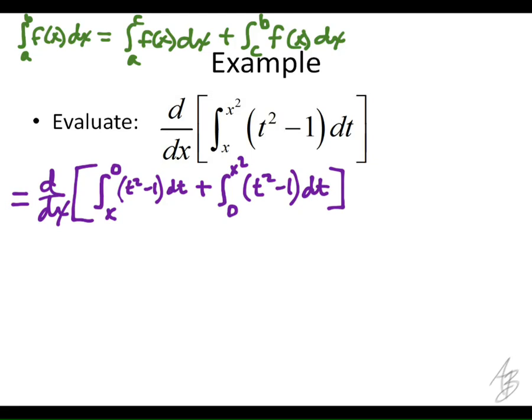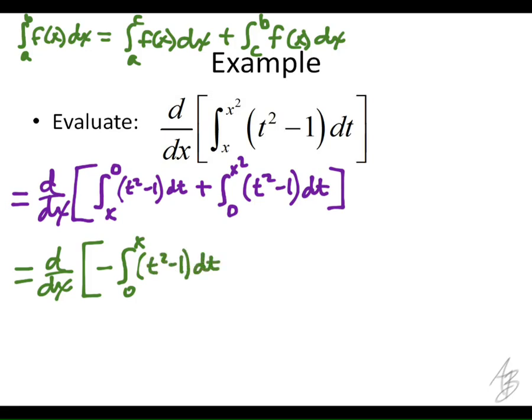So this is going to be equal to the derivative with respect to x of the opposite of the integral from 0 to x of t squared minus 1 dt, plus the integral from 0 to x squared. That didn't change.